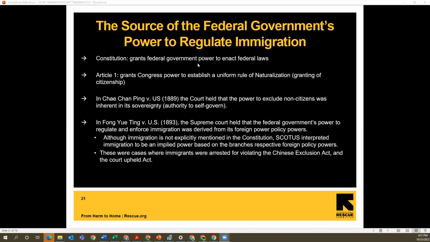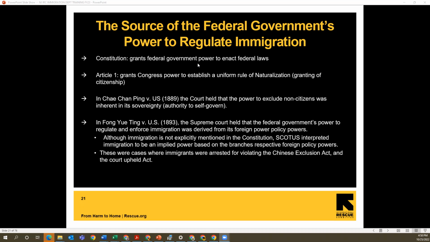These two cases were cases where immigrants were arrested for violating the Chinese Exclusion Act, and the court upheld the act. So based on this act, these respondents were excluded from the country. They sued, and the Supreme Court stepped in and decided to uphold this law.